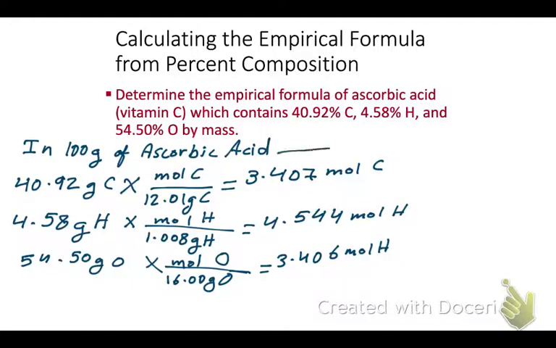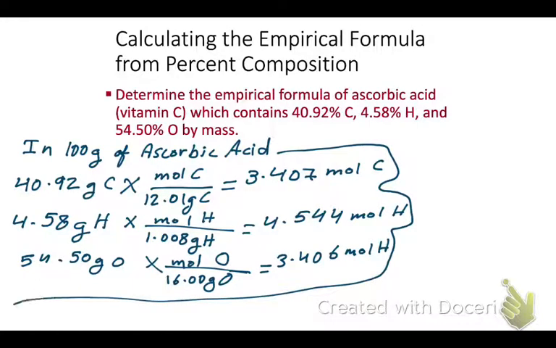So now what you have is the following. I'm going to try to simplify this for you right here. Now I know in ascorbic acid, if I'm going to write my formula, when it comes to carbon, I have 3.407. When it comes to hydrogen, I have 4.544, and when it comes to oxygen, I have 3.406.